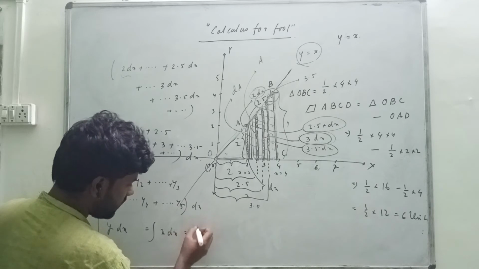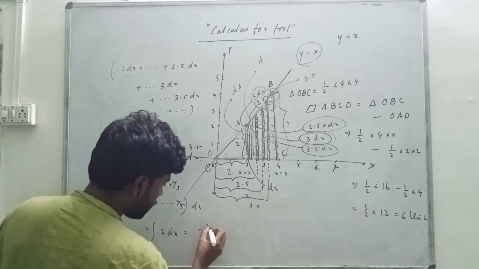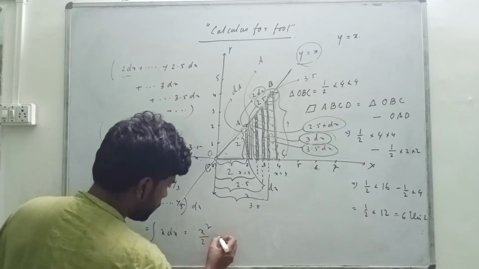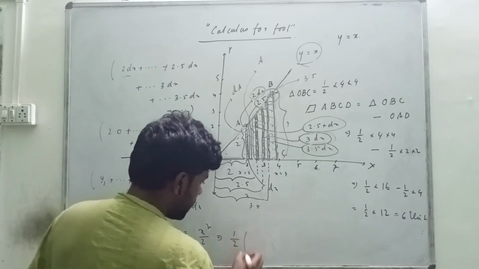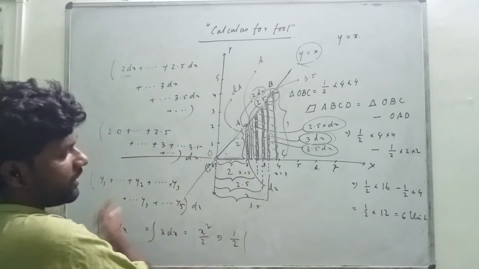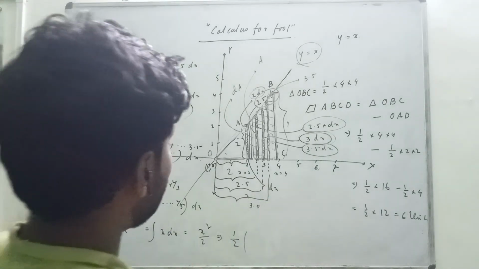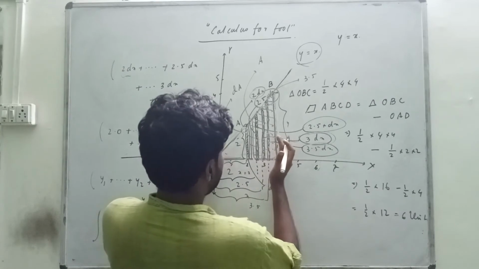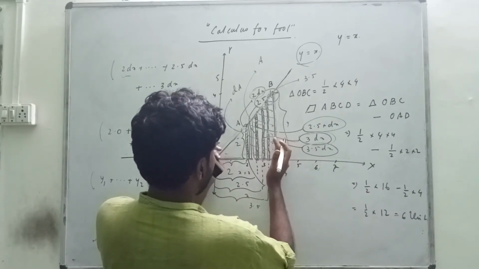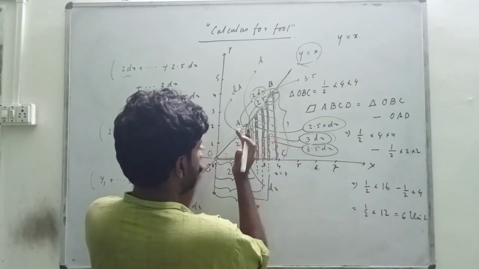dx. This means x squared by 2, and 1 by 2 here, and the limits, which I introduced in previous lectures, are the large x minus the small x, right?